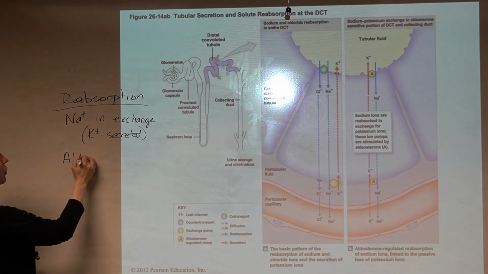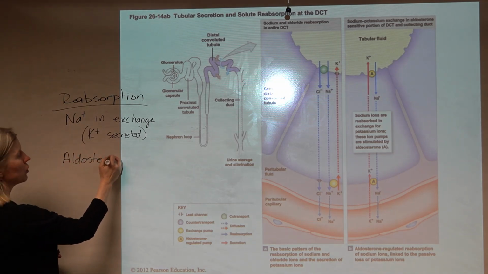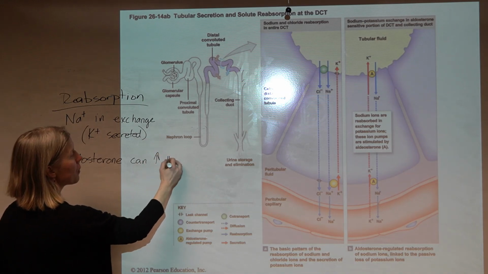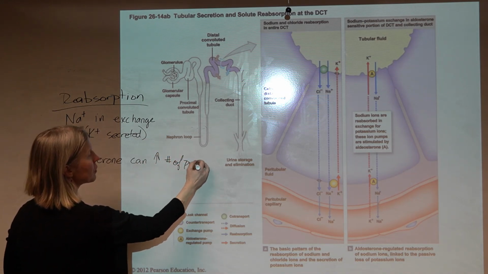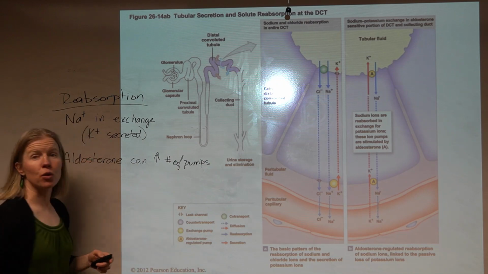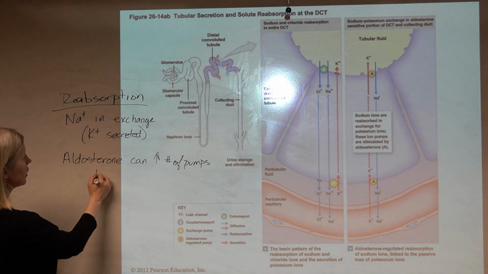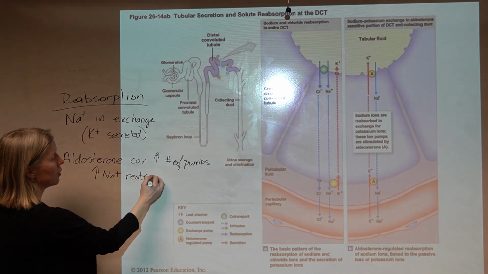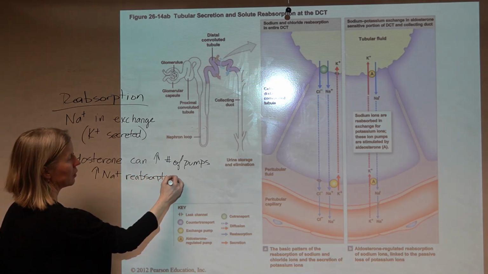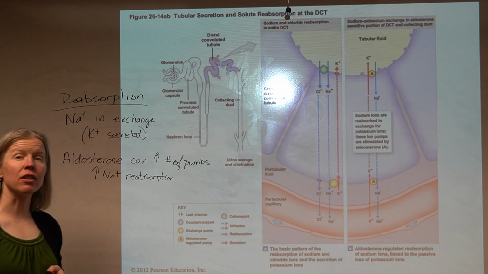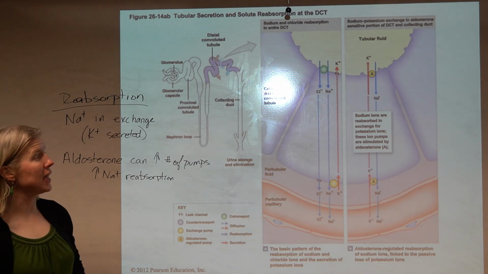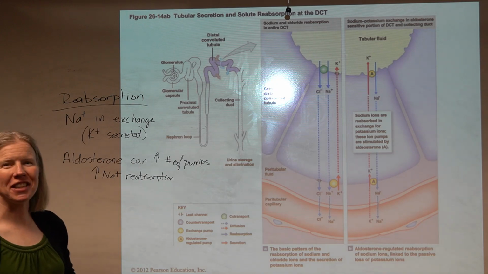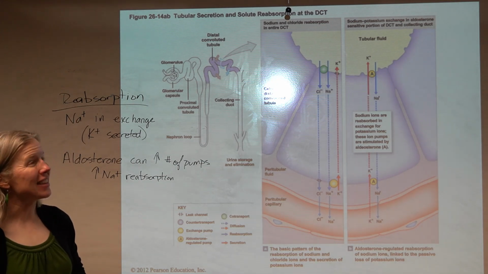Again, aldosterone can increase the number of pumps, right? So that we can have increased sodium reabsorption. But that does come at the loss of potassium. Okay, so that's a really important reabsorption that takes place here at the DCT.